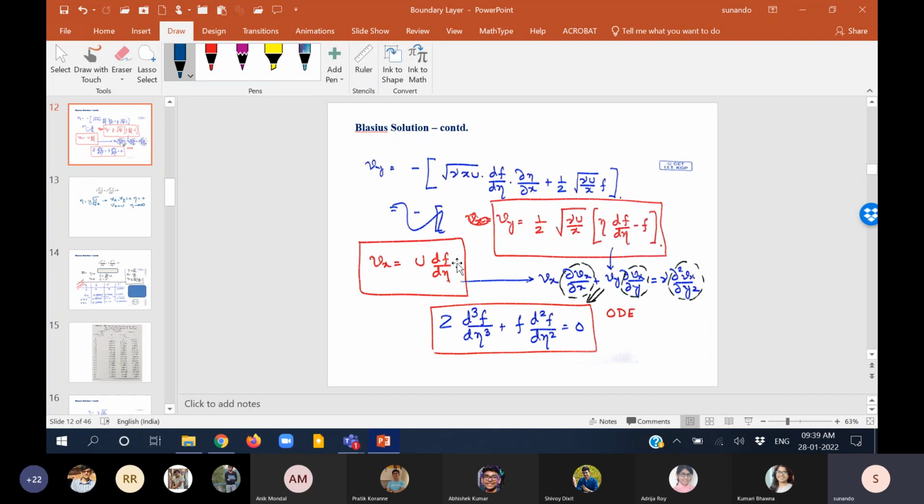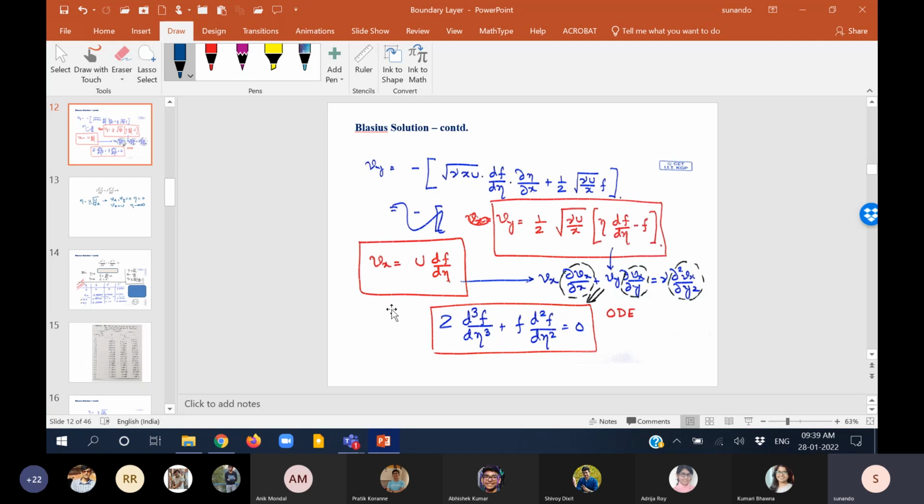So f prime will be 0 at eta equals 0. I have used the definition of Vx as obtained from the non-dimensional analysis which I have performed, and I have obtained that at eta equals 0, f prime will have to be equal to 0.